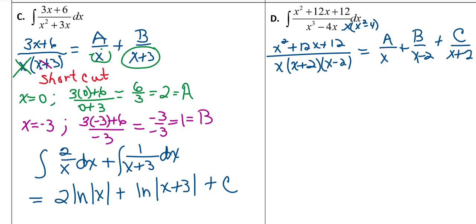All right, so if I let x equal 0 in the original fraction, I'm going to have 0 plus 0 plus 12.